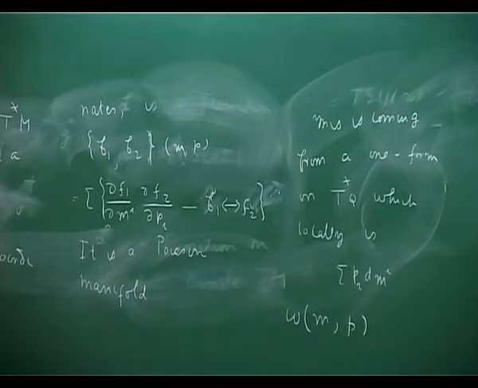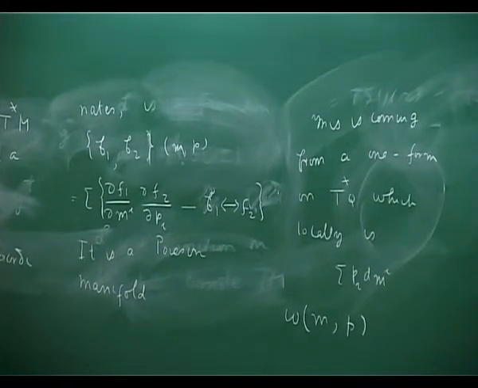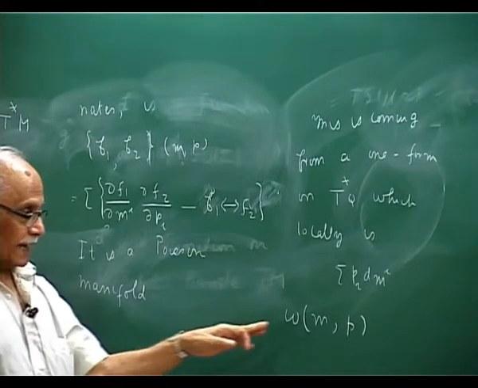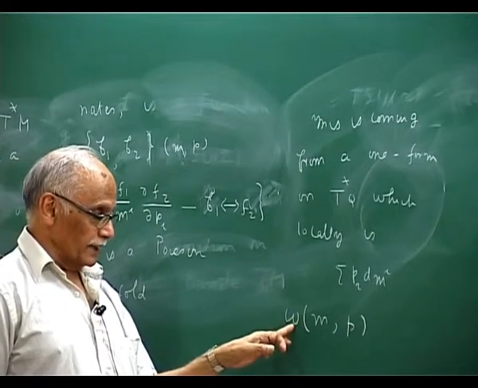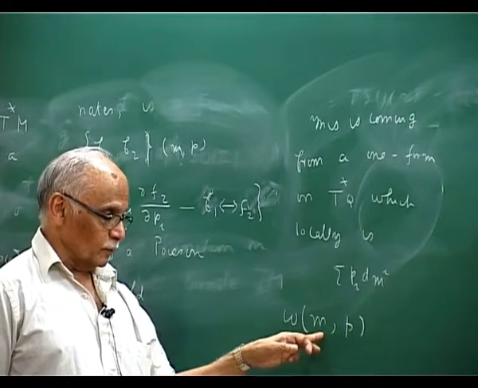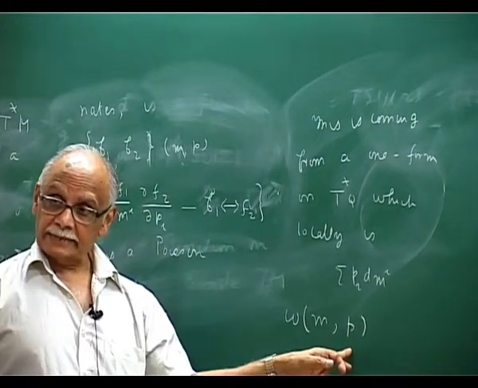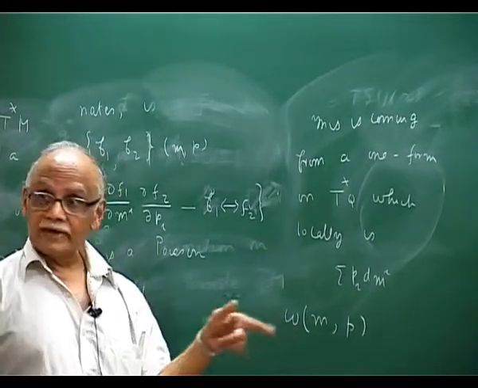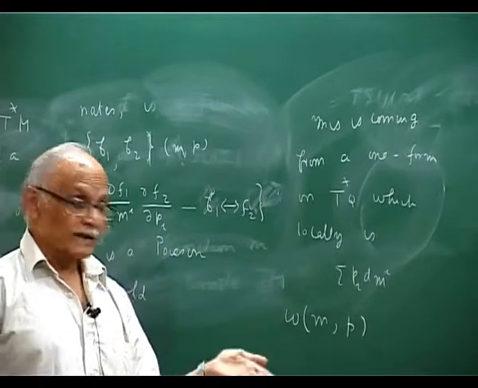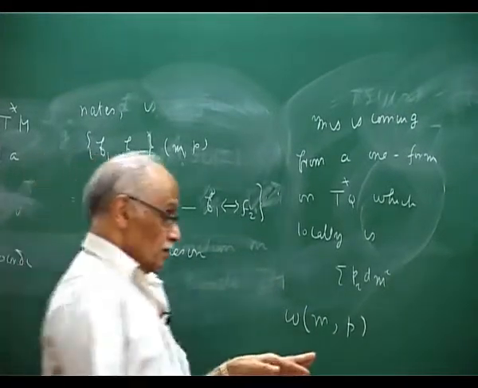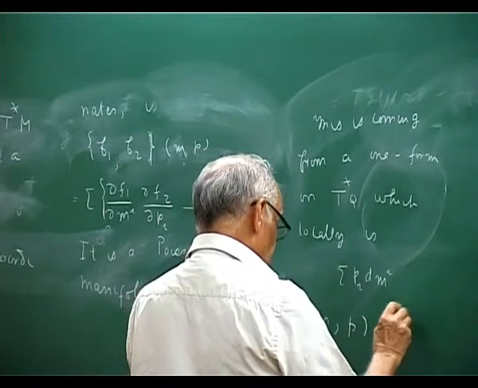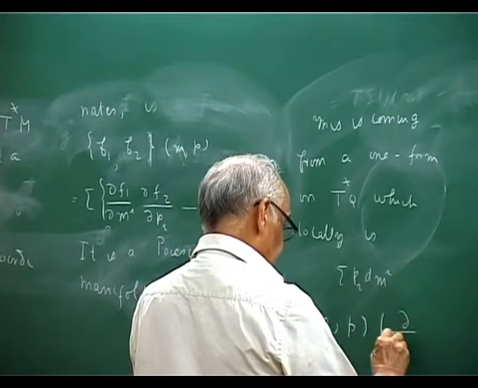T star M has a natural fibration, that is, the p's are sitting vertically up. I am looking at the one form at the point p, and I have to give you its value on vector fields.